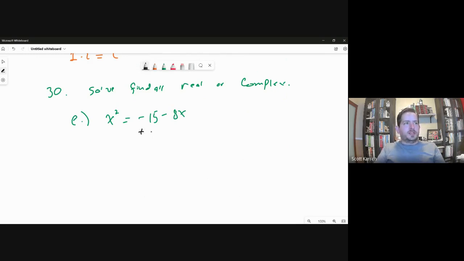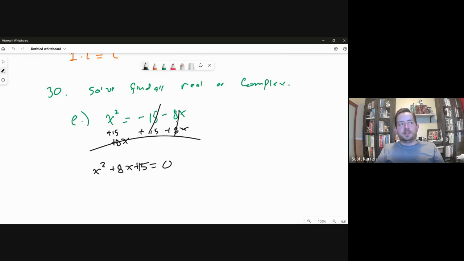So I'll add 15 and I'll add 8x to both sides. So that gives me on the left x squared, and I'll write it as plus 8x and then plus 15. And on the right-hand side, those cancel out, so I just have 0.